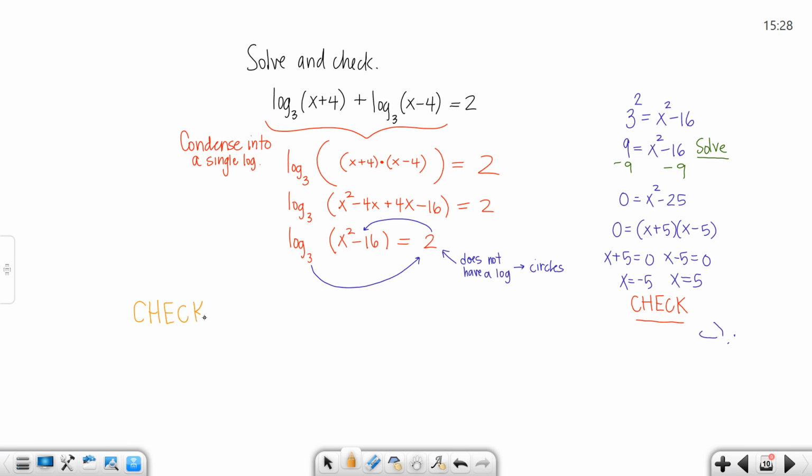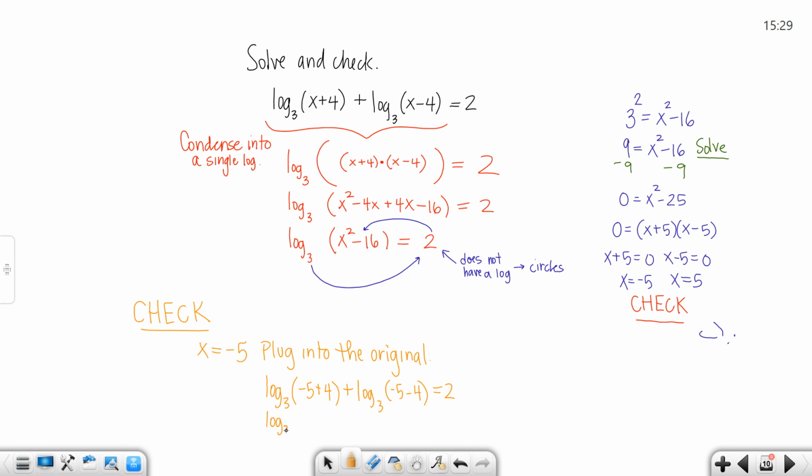Now remember, you're not necessarily checking for correctness, you're checking to make sure you didn't take the log of a negative number. So let's try x equals negative 5. If you plug that back into the original, you get log base 3 of negative 5 plus 4 plus log base 3 of negative 5 minus 4 equals 2.